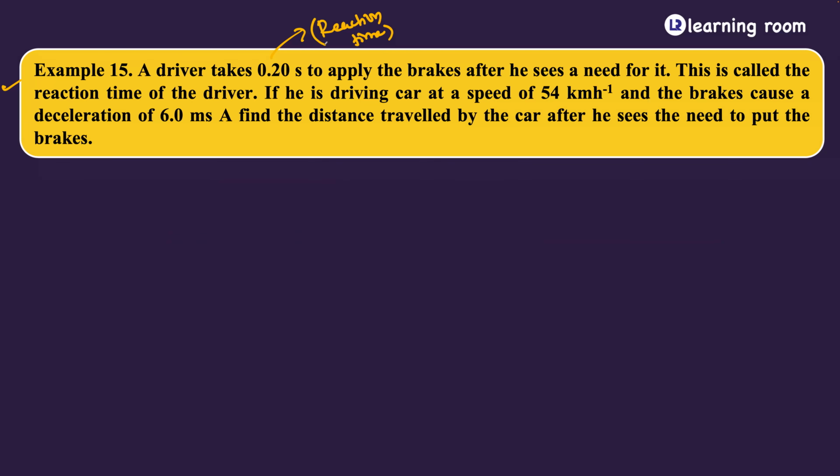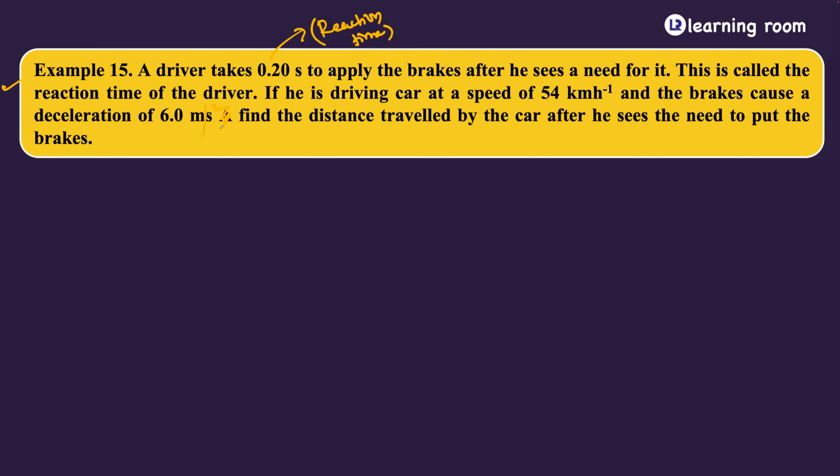This is called the reaction time of the driver. So if he is driving a car at a speed of 54 kilometers per hour and the brakes cause deceleration of 6 meters per second square, find the distance traveled by the car after he sees the need to put the brakes.